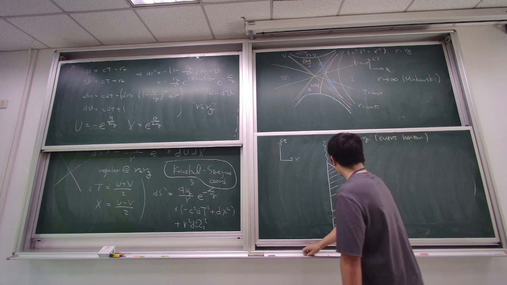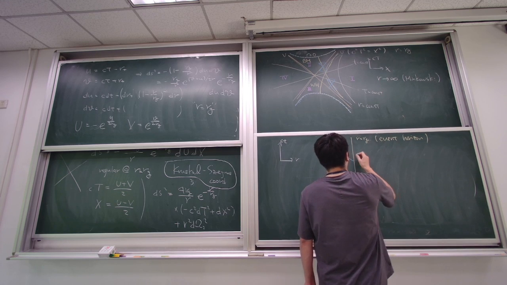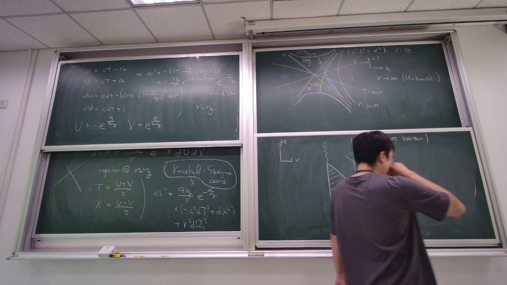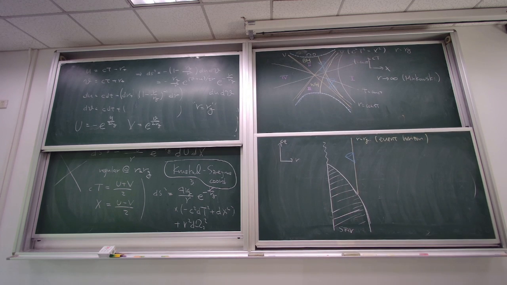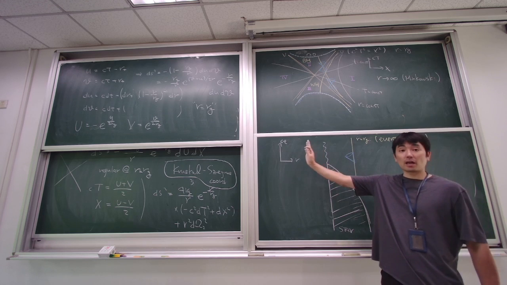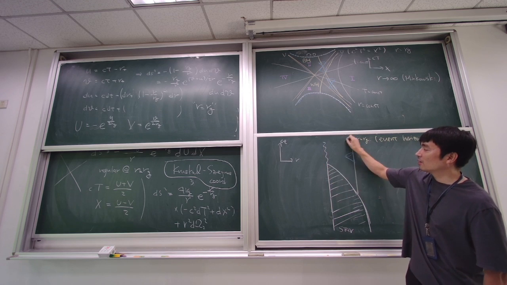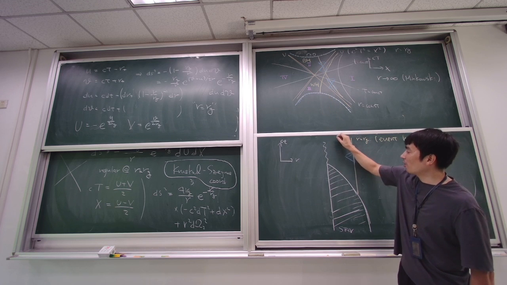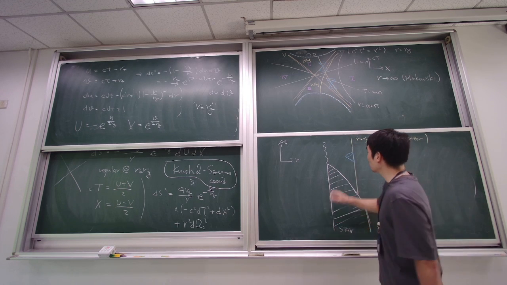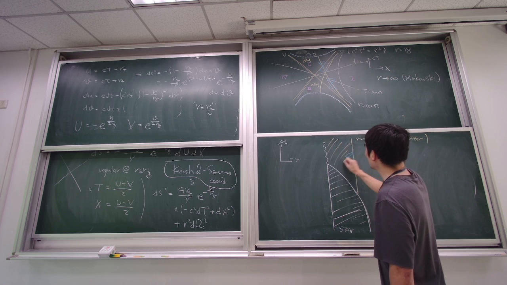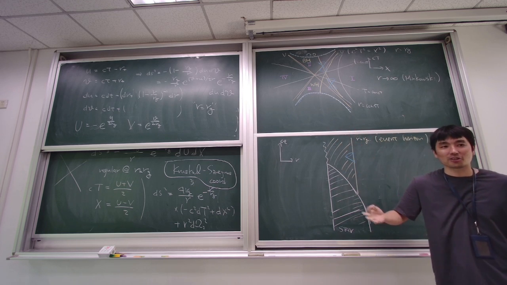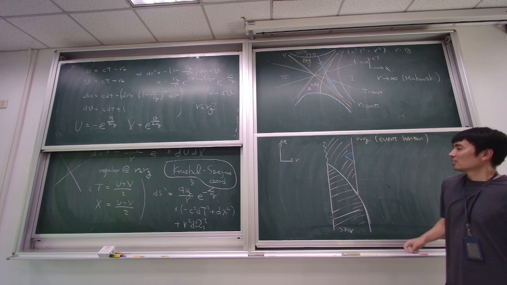Because the Kruskal cone is always looking inside, inside of the black hole. So this region is called the black hole. Not only the singularity, all of this region is called a black hole. So be careful, even physics students make this mistake. All the region is called a black hole, not only the singularity.